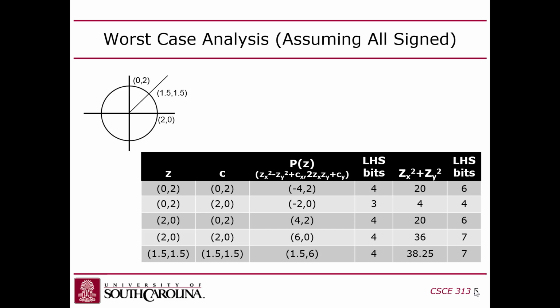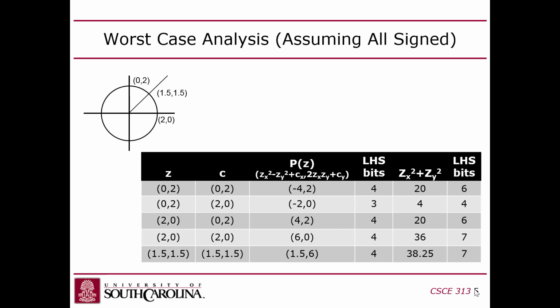I'm just trying to pick the largest magnitude numbers I can come up with, and I can't find any examples where I need more than 7. So I think that's the right answer. I might be missing something here, but I think that'll do it for us.